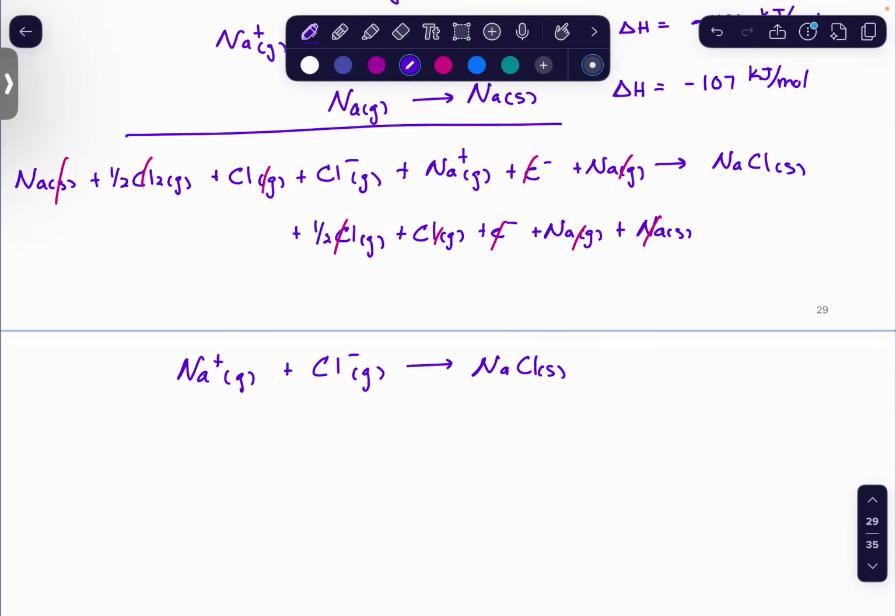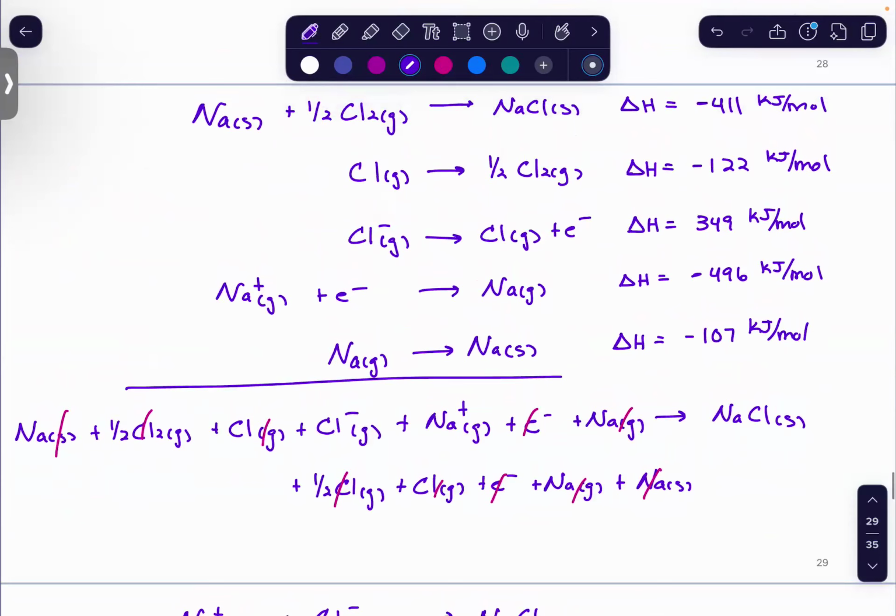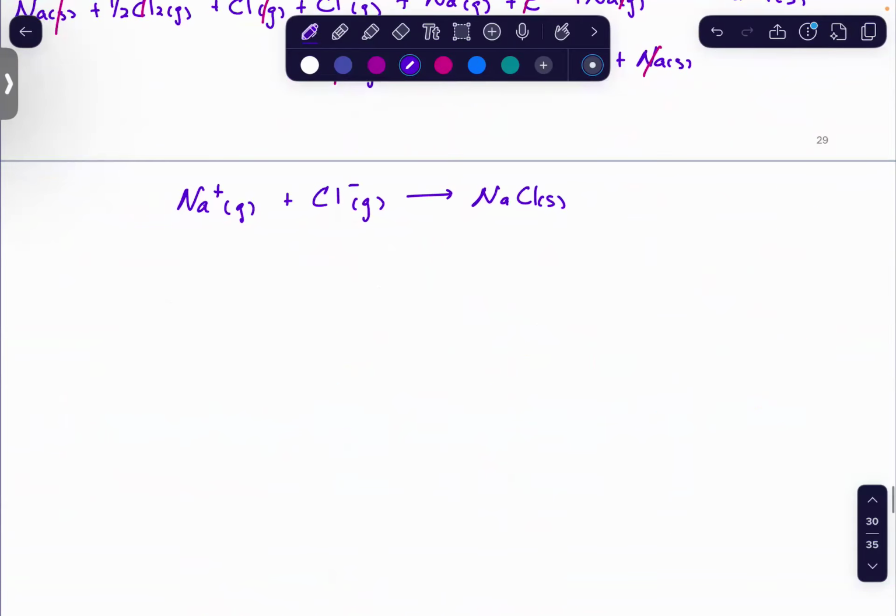And I use this method this time because now I'm not going to have to solve for the lattice energy. I can just use Hess's law to straight add up all these delta H's, and it will give me the lattice energy.